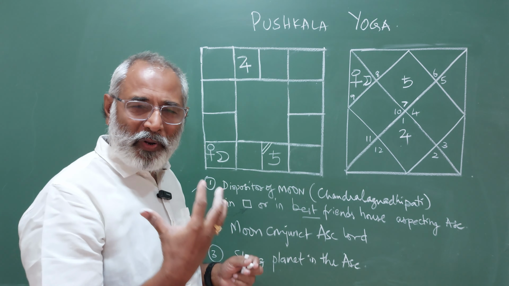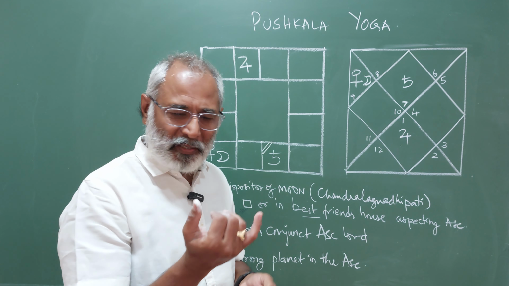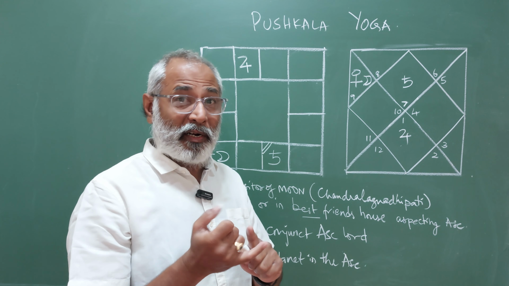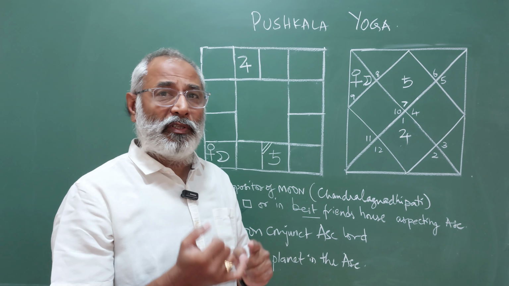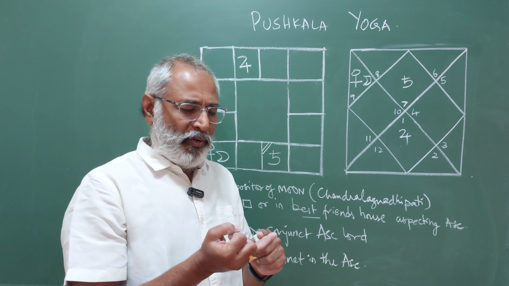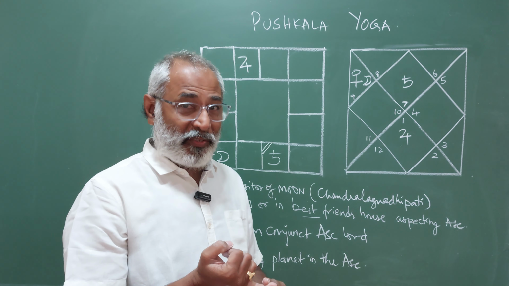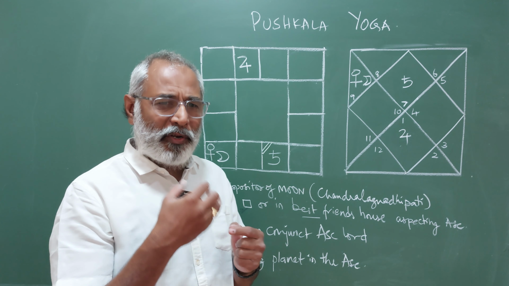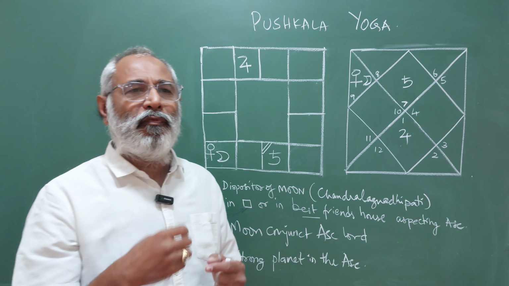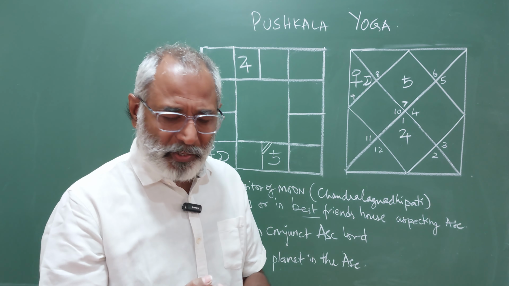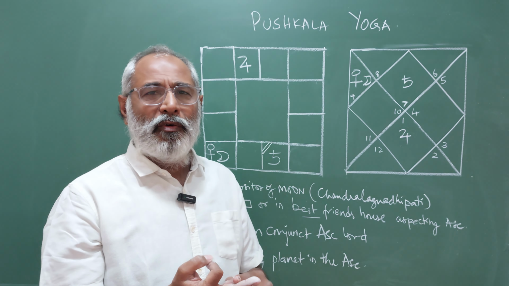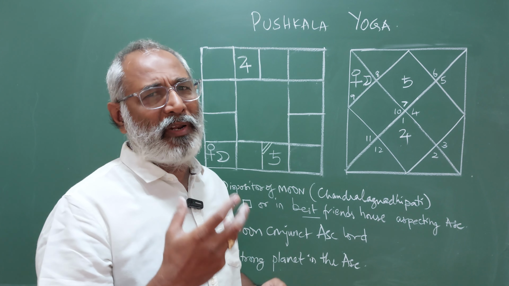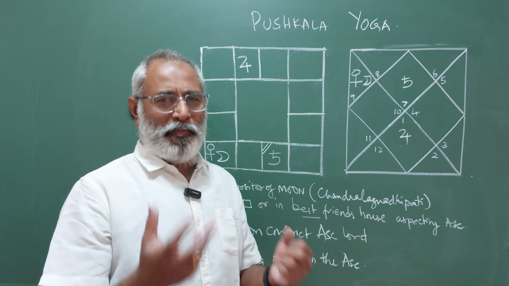So what happens when a person has Pushkala Yoga? When the Chandra Lagna Adipati is strong, that is, the dispositor of the moon is very well placed, it fortifies the mind. The ascendant lord sitting along with the moon gives the flow of knowledge, language, extroversion, and a beautiful connection with social life and people.